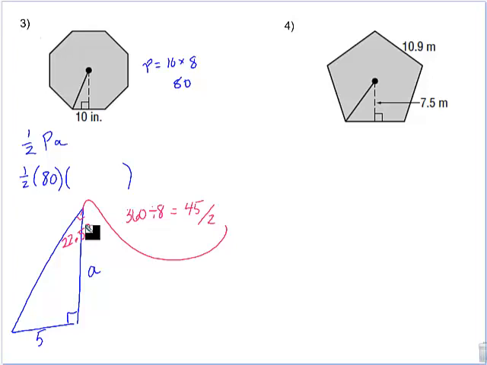So now how can we set it up so that we get our apothem length? Tangent 22.5 equals 5 over a. Is it always supposed to be divided? As long as it's set up with your variable in the denominator, you will always be dividing.